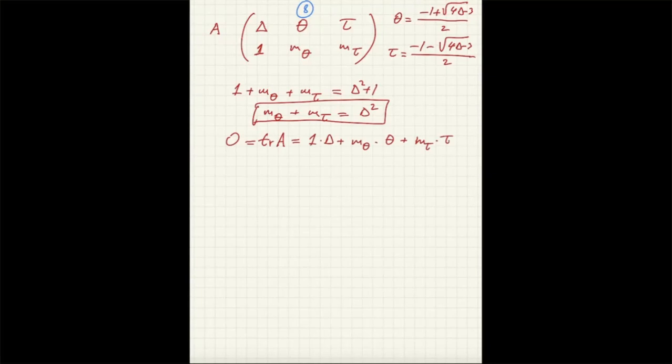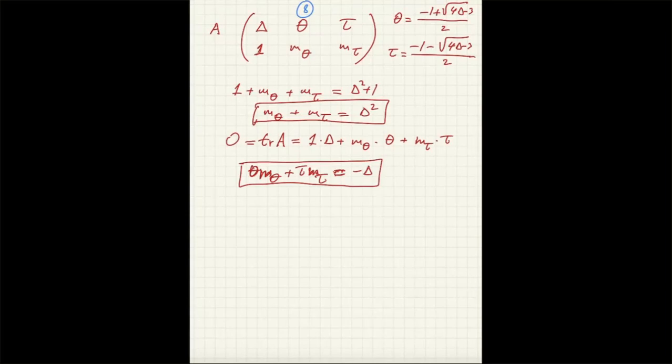If you unpack this and change the order, theta times m theta plus tau times m tau equals minus delta. So you have two equations.